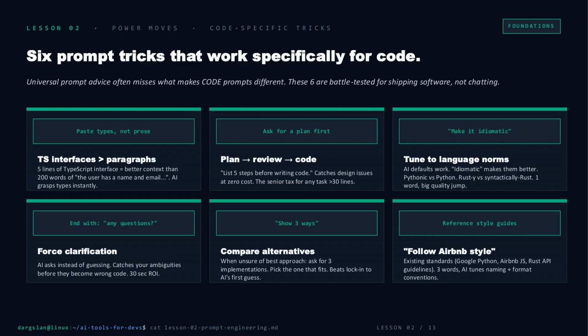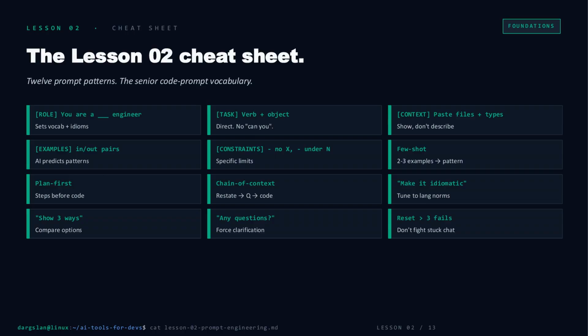Say the word idiomatic and reference a real-style guide like Airbnb or Google Python. 1 phrase, massive quality jump. End prompts with "any questions?" to force clarification, and when you're unsure of the approach, ask for 3 implementations and pick the winner. Cheap moves, compounding returns.